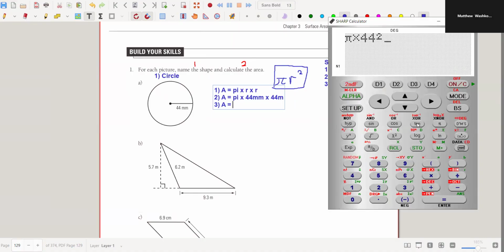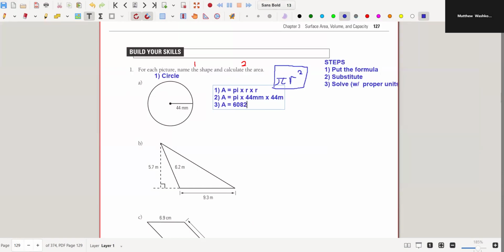That little squared here is the same thing as times 44. Just showing you how to use your calculator. 6,082, we'll just say that. 6,082 millimeters. Proper units. Oops, squared. My final answer, I'm going to circle it.